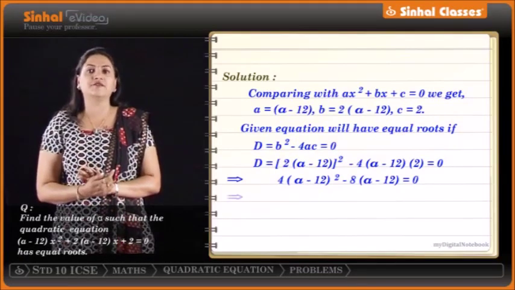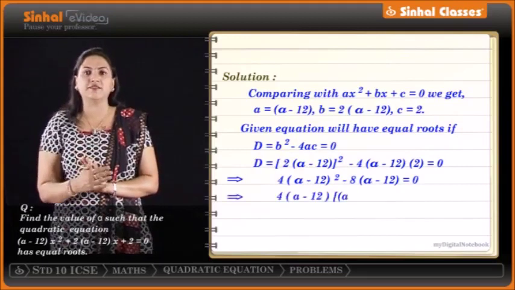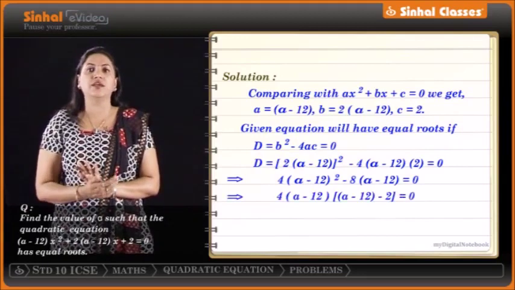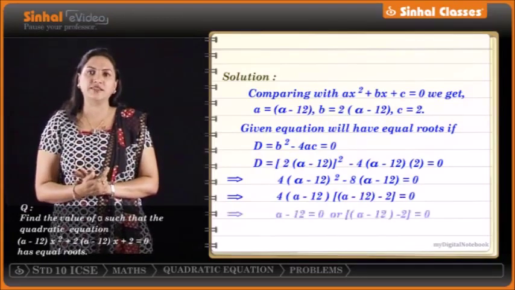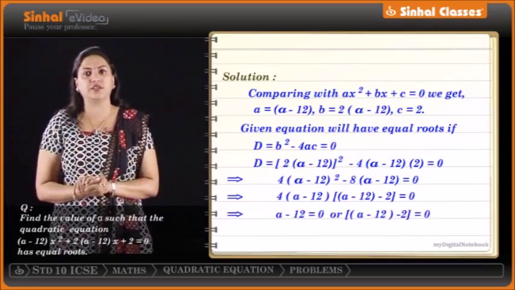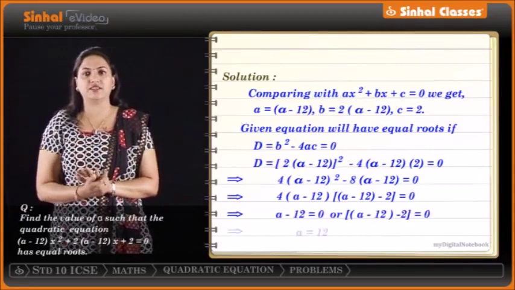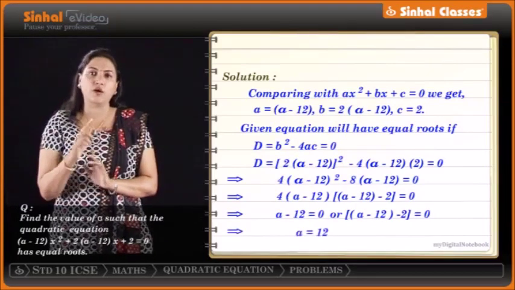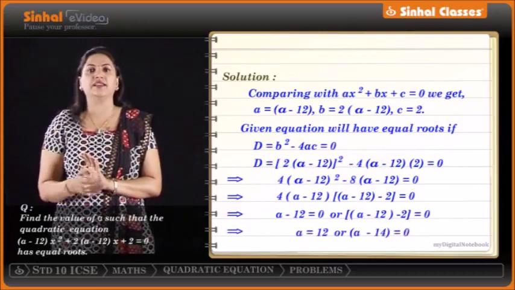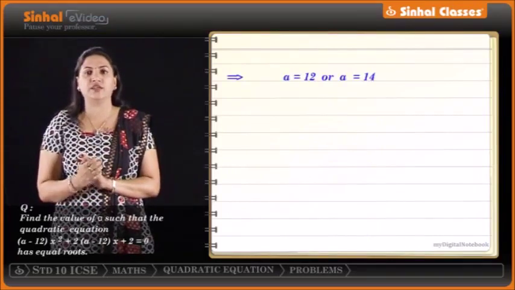So we get 4 into (alpha minus 12) bracket (alpha minus 12 minus 2) is equal to 0. So either alpha minus 12 is 0 or the bracket is equal to 0. Now if alpha minus 12 is 0, we get alpha is equal to 12, or in the bracket we have alpha minus 14 equal to 0, that is alpha is equal to 14.